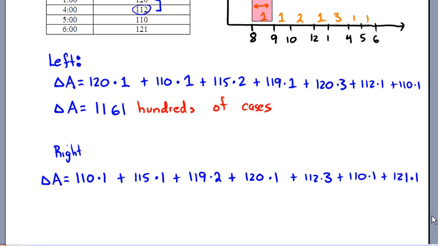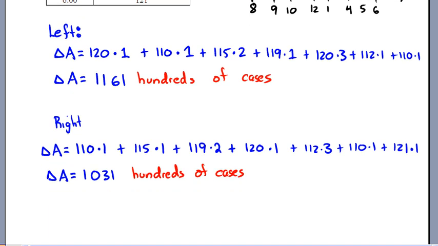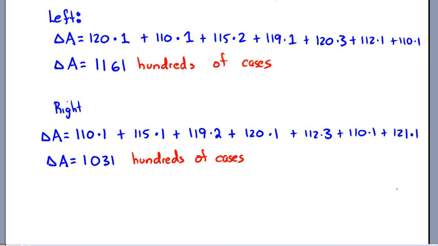And using that right attachment, my estimate for the change in the amount of cases that our company has ever made is 1,031. Again, those are hundreds of cases. Okay, trapezoid.